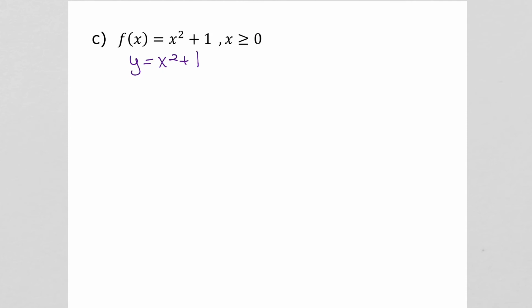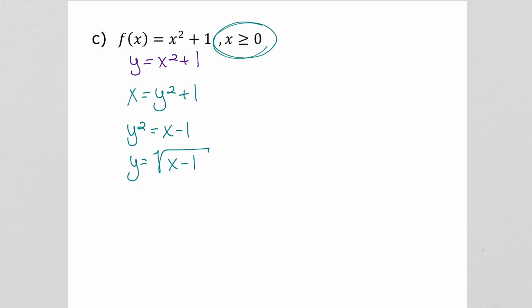Okay, so switch x and y so that we have x equals y squared plus 1. And subtract 1. And take the square root of both sides. Now notice I didn't put the plus or minus. Because we're only focusing on where x is greater than 0 here, then we're only focusing on where y is greater than 0 down here.